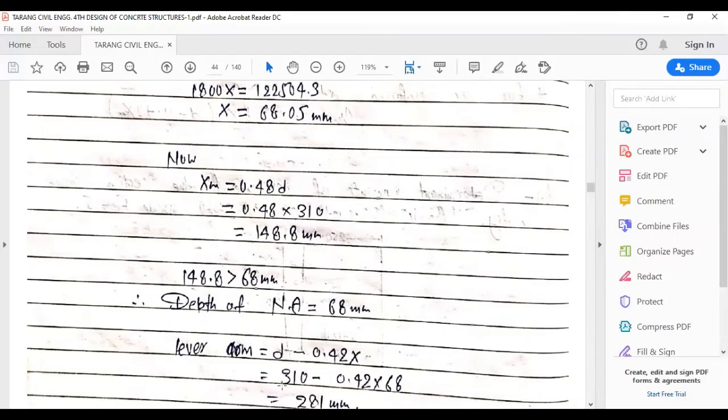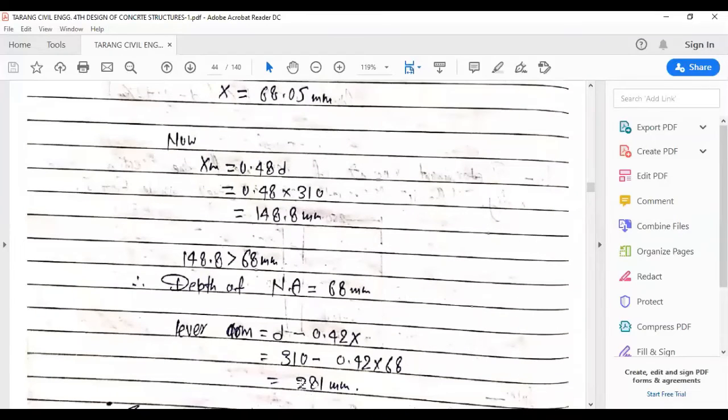So the value of d is given as 310 minus 0.42 multiplied by 68, which we have just found out here. So the value of z, that is lever arm, comes out to be 281 mm.